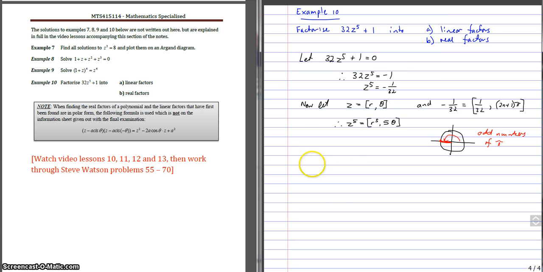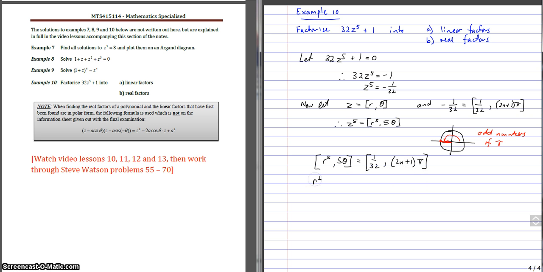So what we have then is r to the power of 5 theta, for our z to the power of 5, that's going to be equal to 1 over 32, 2n plus 1 pi.